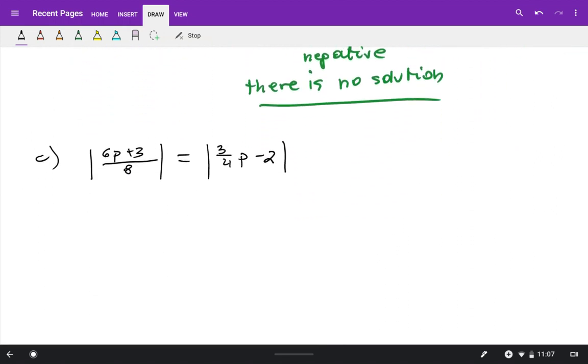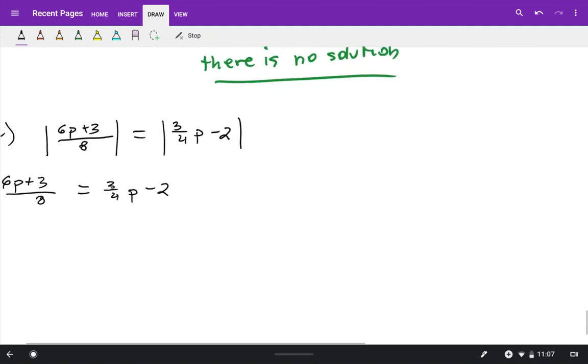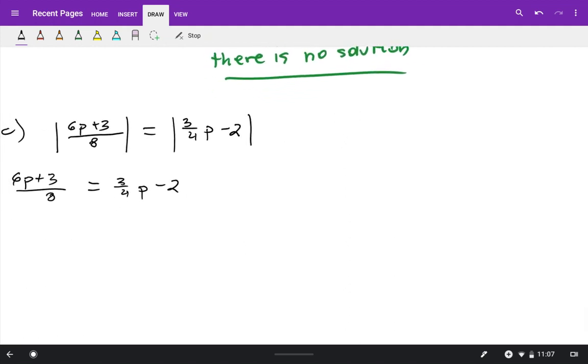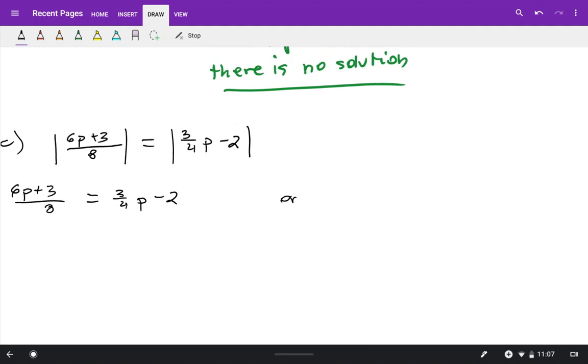So we're going to solve two equations. The first equation is 6p plus 3 over 8 equals 3 over 4p minus 2. So I just copy everything without absolute value.